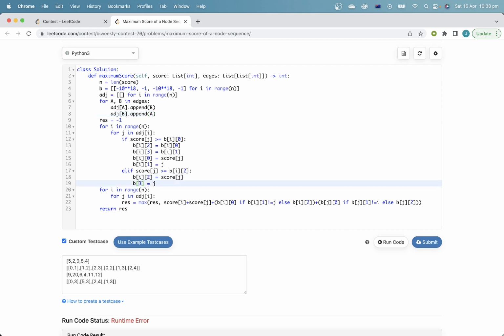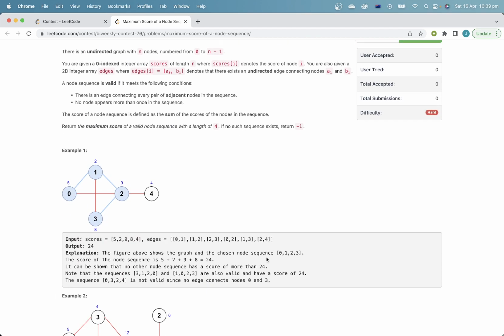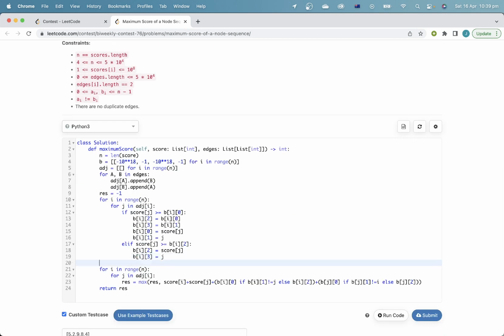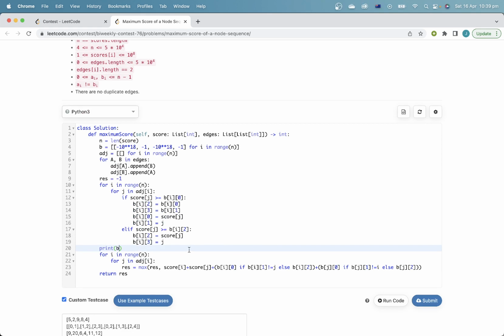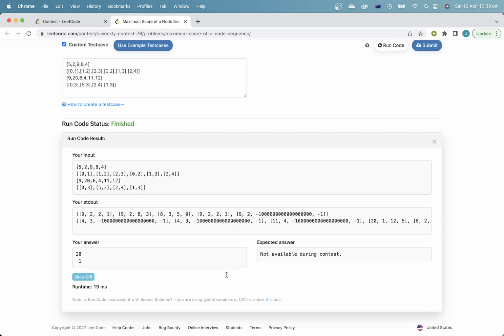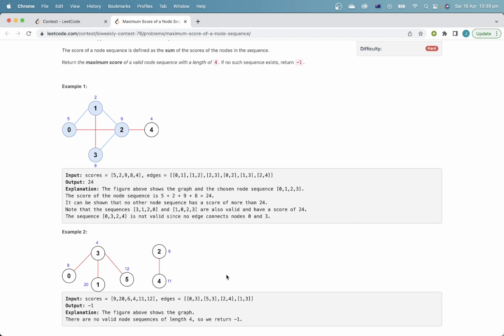Oh. $28. Why is that giving 28? You can't even get 28, so. Oh, okay, I see.